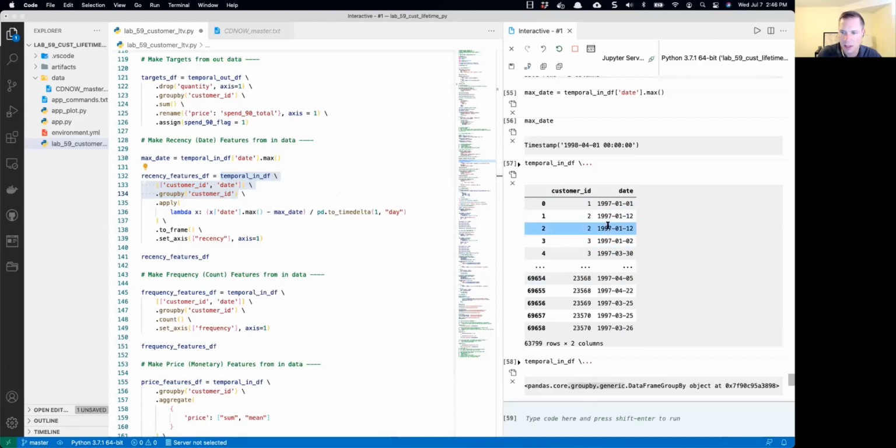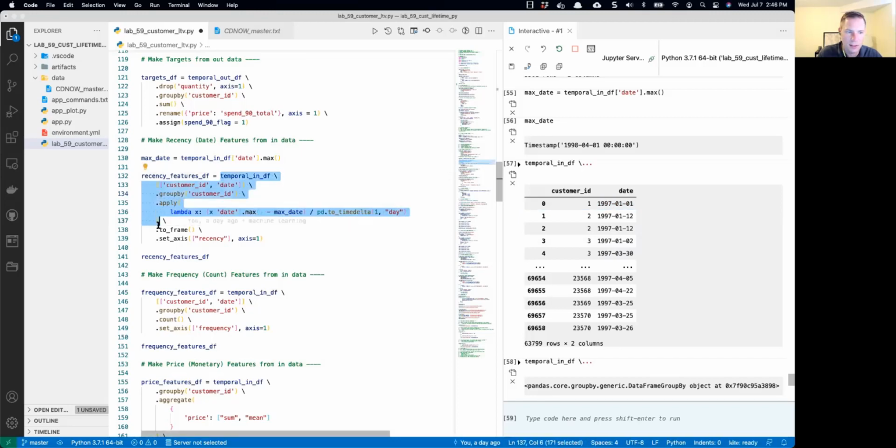So for the second customer, the maximum date would be 1997-01-12. The third customer, you can see it would pick a date that is either equal to 1997-01-30, or if they have more purchases, it might be later than that. And then we're going to calculate the difference between the most recent purchase and the max date.